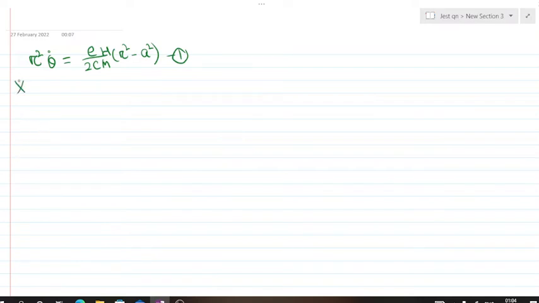Let's do energy conservation. By energy conservation, change in kinetic energy is equal to change in potential energy. The electron is coming from initial velocity u equal to 0, and as it moves it will have kinetic energy.